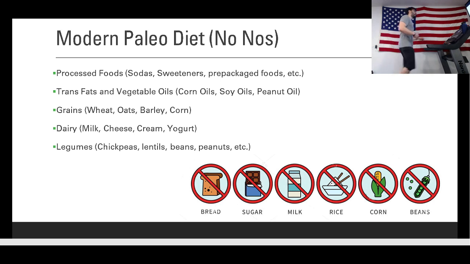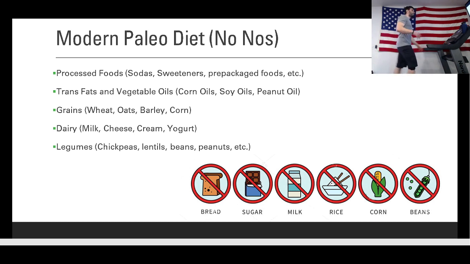I kind of have them all X'd here, right? Essentially no sugar, no artificial sugar. So none of your sodas, your sweeteners, prepackaged foods. None of that. None of your trans fats and vegetable oils: corn oil, soy oil, peanut oil, right?